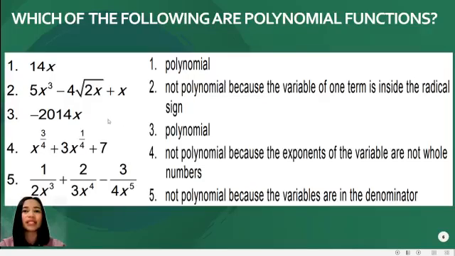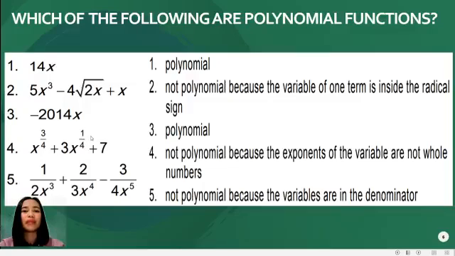This one is not a polynomial because the exponents of the variable are not whole numbers. In x raised to 3 over 4, our exponent is 3/4. In 3x raised to 1/4, the exponent of x is 1/4.